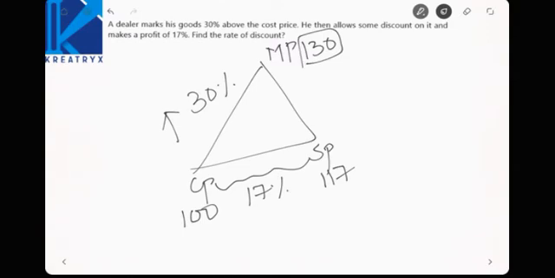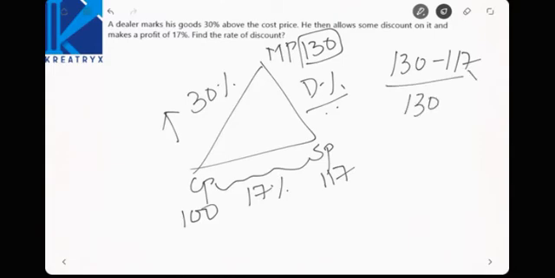Now find out the rate of discount, D. Now 130 minus 117 divided by 130 into 100 will be your discount percentage. 130 minus 117 is 13, divided by 130 into 100, that will be equal to 10%. So 10% discount is given.